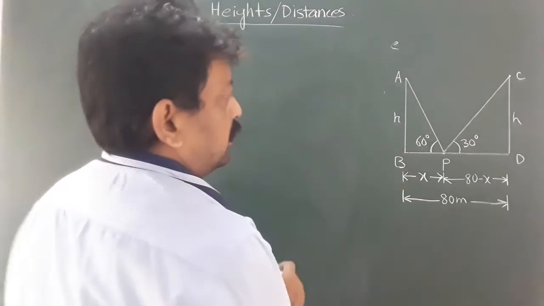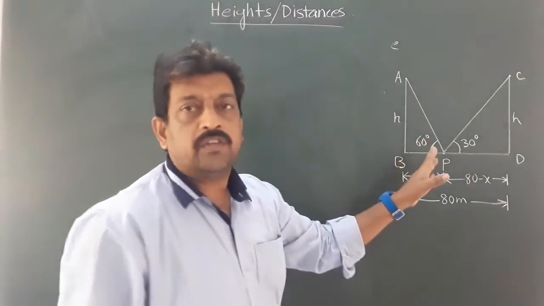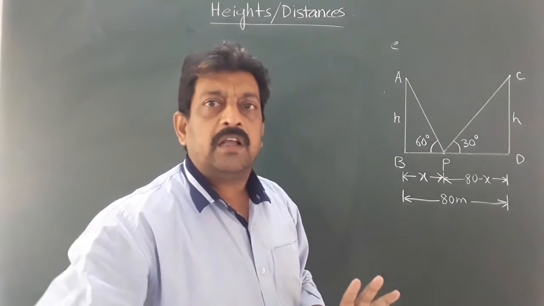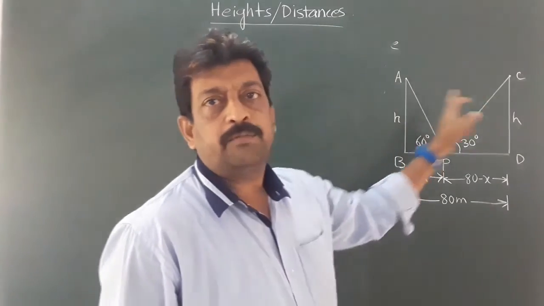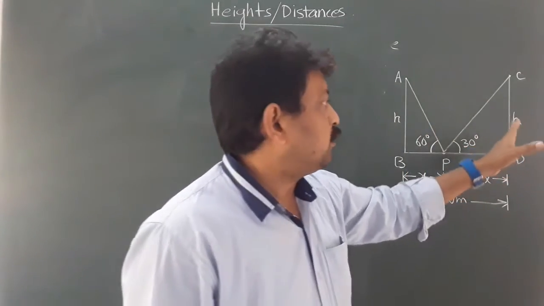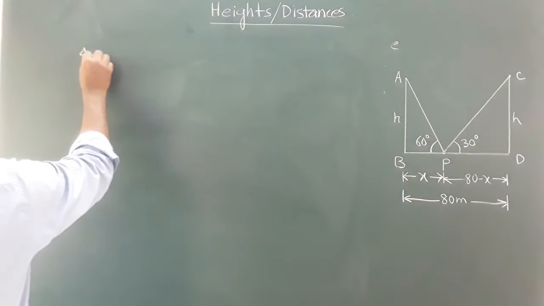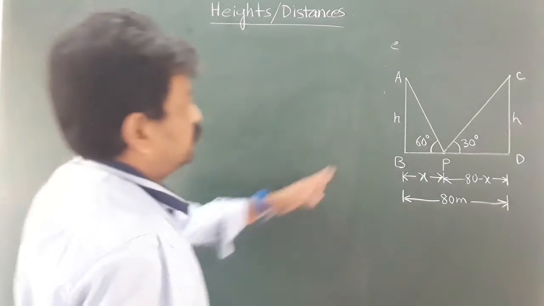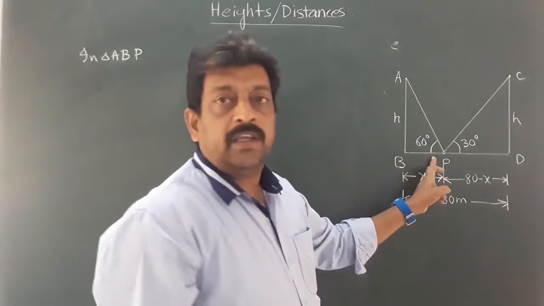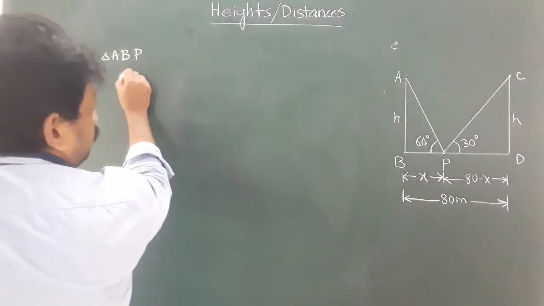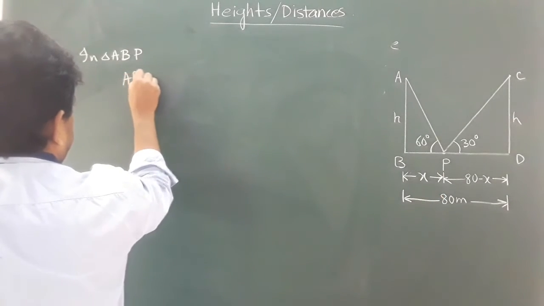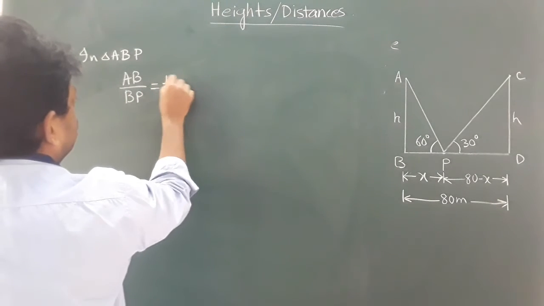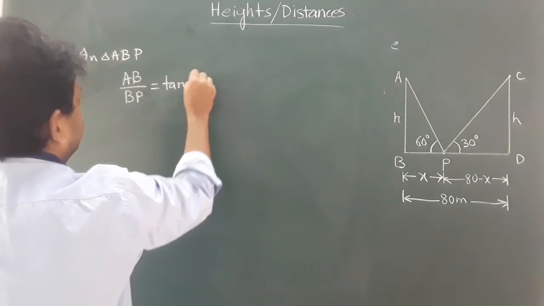I am starting the solution part. As you can see, we have got two right triangles. In both the right triangles, the equal things are the poles. Poles are equal in height. So in triangle ABP, perpendicular upon base is tan theta. Perpendicular means AB and base is BP, that is equal to tan 60 degree.